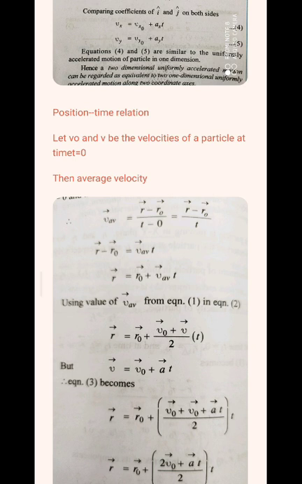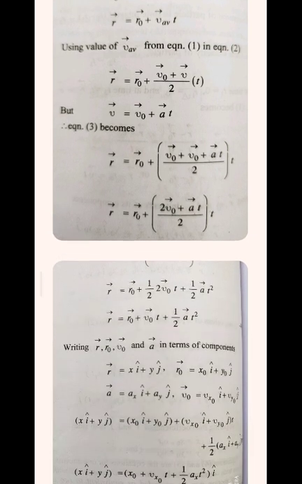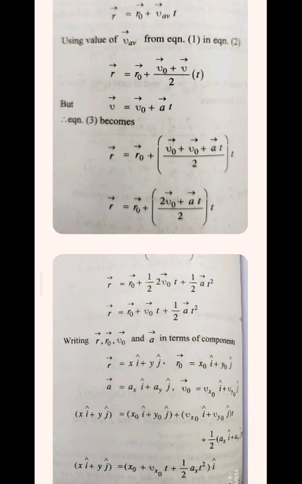So r is r naught plus v average into t. Substitute the value of the average velocity, that is v naught plus v by 2, but v is equal to v naught plus at, which we have got from the first equation. Substitute, we get r is r naught plus v naught plus v naught plus at by 2 into t.